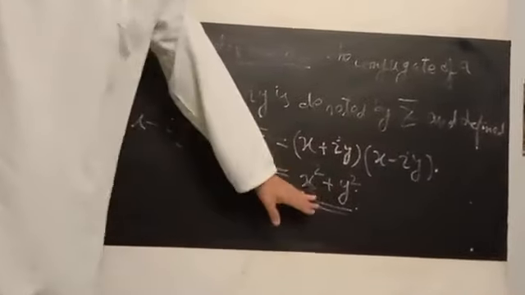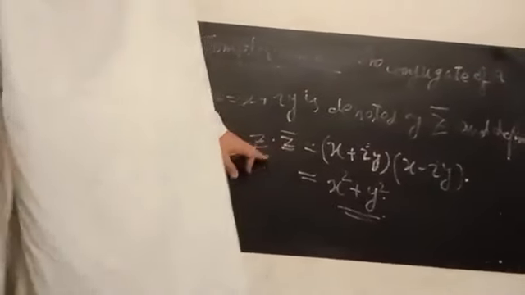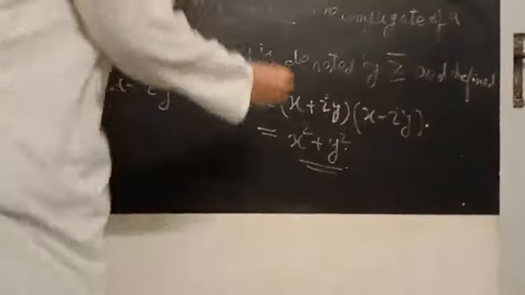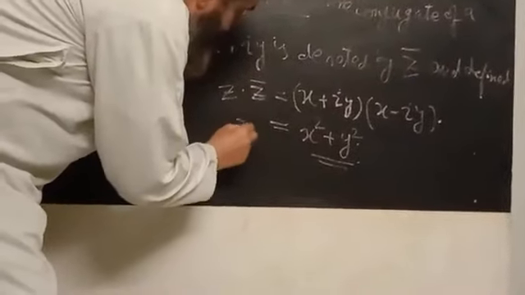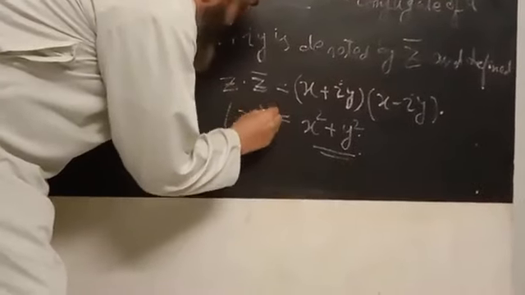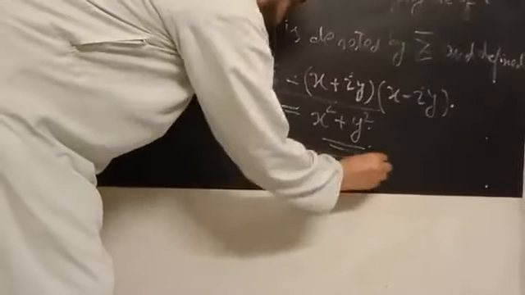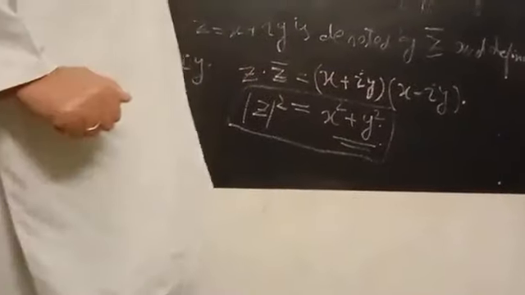This thing we define as a new number: z into z bar is equal to x square plus y square, and this is known as z modulus square, where z modulus is the absolute value of a complex number.